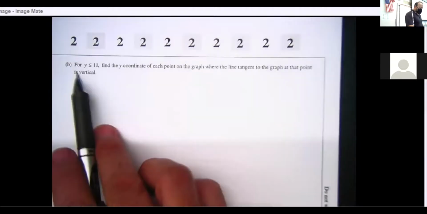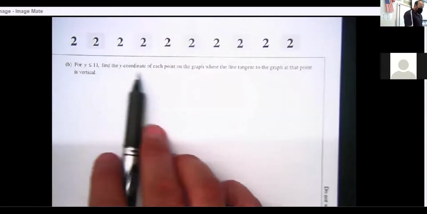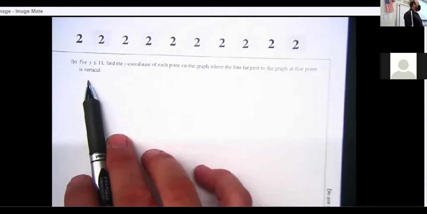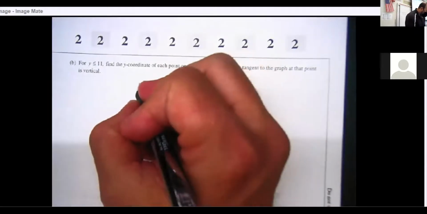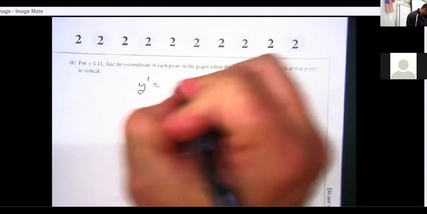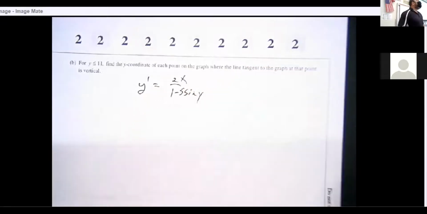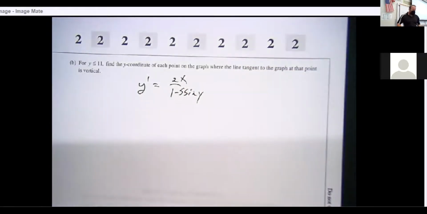So now for y is less than or equal to 11, find all the values where the line tangent is vertical. Okay, so this is a little bit of an interesting thing. If your derivative is 2x over 1 minus 5 sine y, where is that tangent going to be vertical?